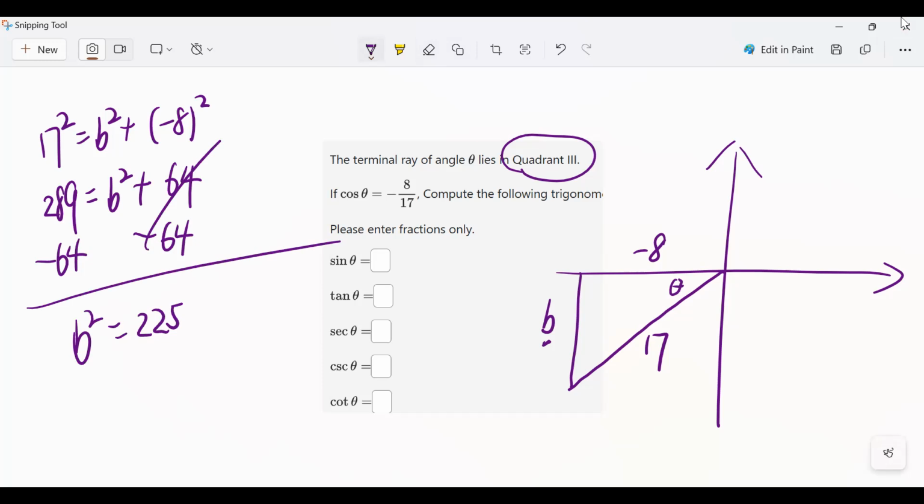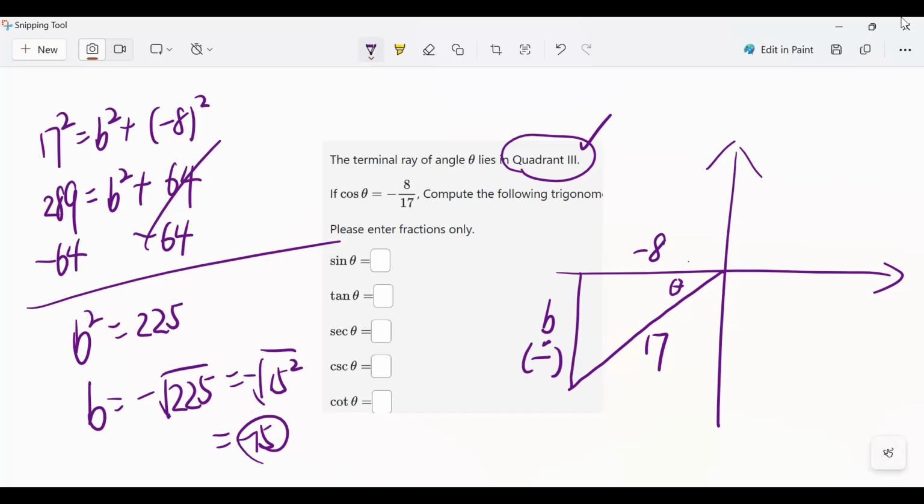And we only take the negative value because it's in the third quadrant, right? Both x and y are negative. So b must be negative. So b equals minus the square root of 225. 225 is 15 squared, so b is minus 15. Again, a 15, 17 triangle.